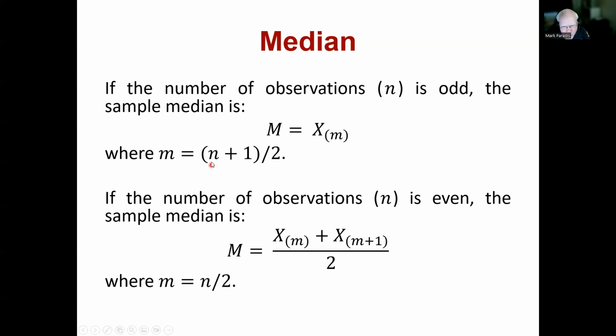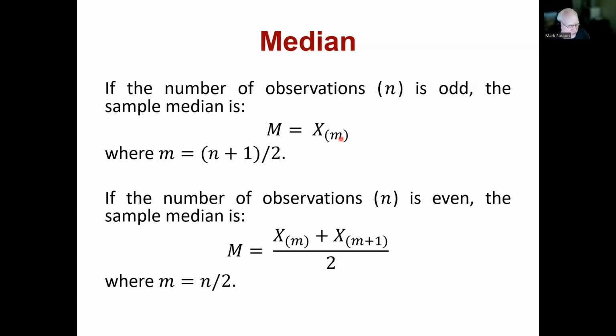So say we've got 11 observations. Then m would be equal to 11 plus 1, so 12, divided by 2, so m is 6. And so the median would be the 6th observation when arranging from smallest to largest.